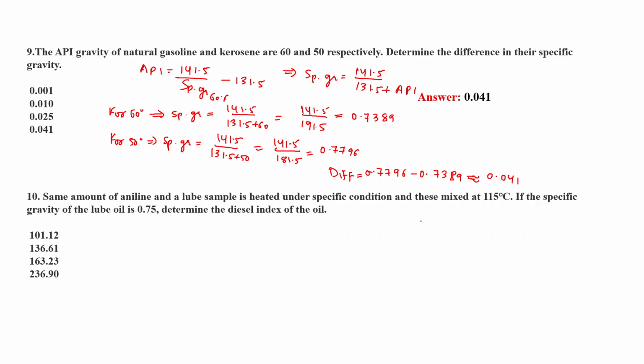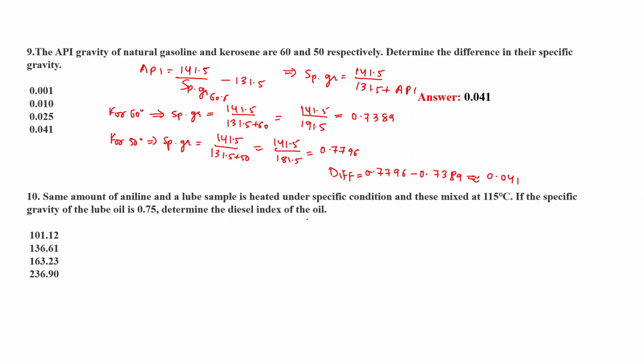Okay, then coming on to the next question, which is: the same amount of aniline and a lube sample is heated under specified conditions and these mix at 115 degrees C. With the specific gravity of the lube oil being 0.75, determine the diesel index of the oil. So what is given here? We have to calculate the diesel index whose formula is aniline point into API gravity upon 100.